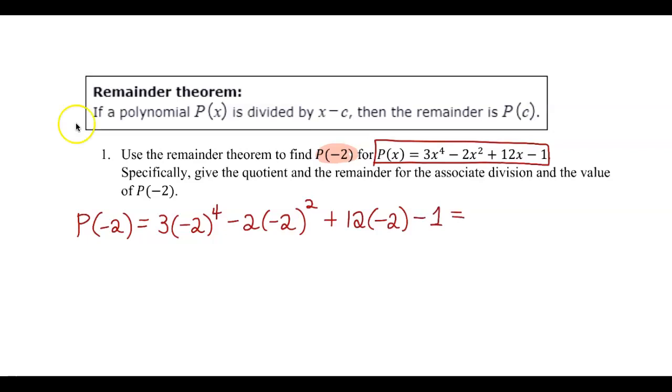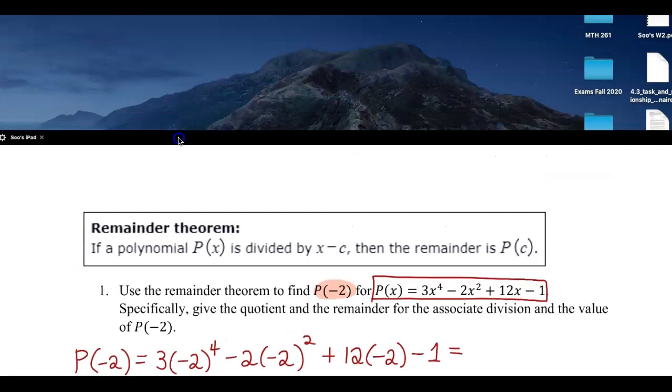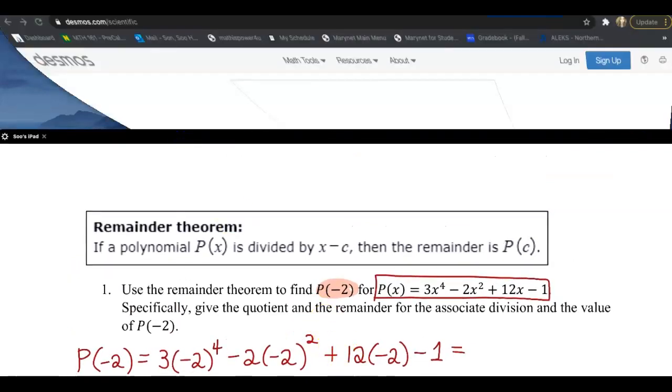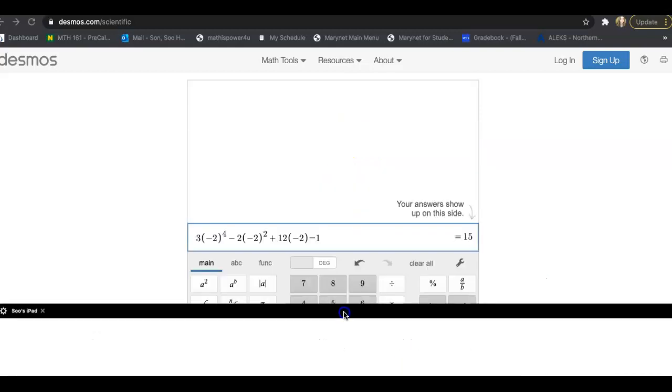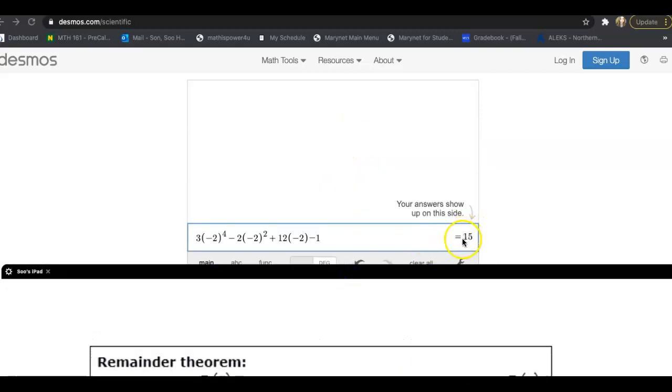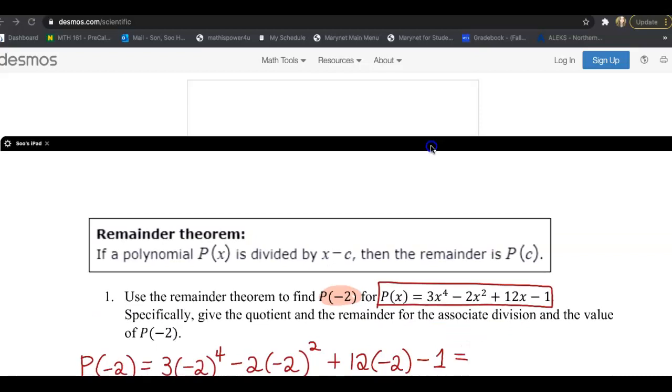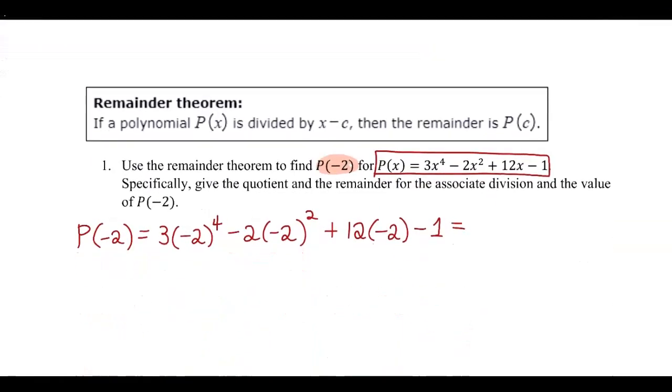Now I will go to my calculator, and I did type it in already, and as you can see, that comes out to be 15. So we know how to find p of negative 2.